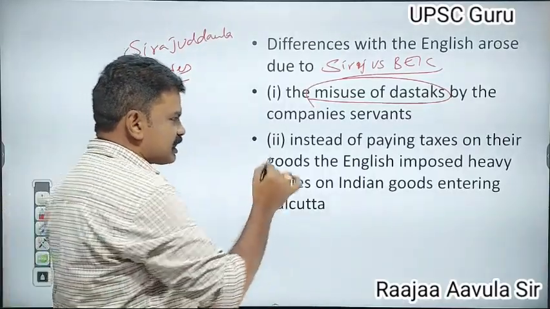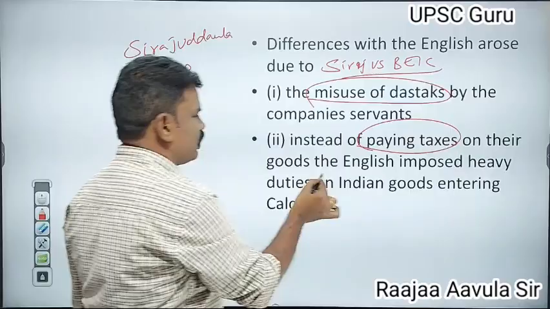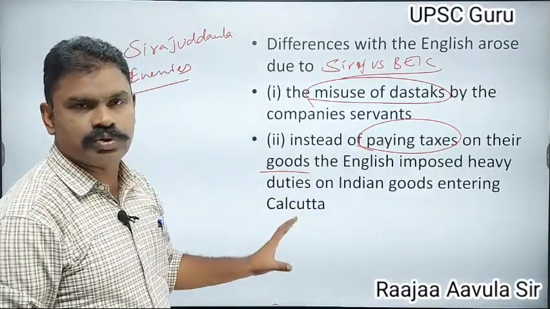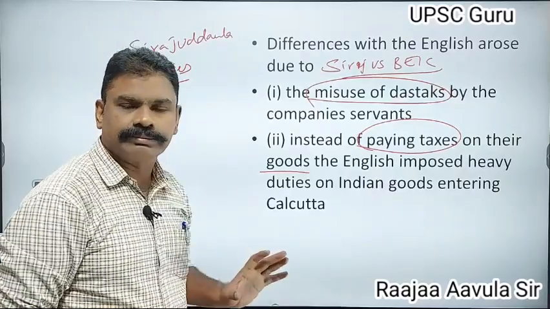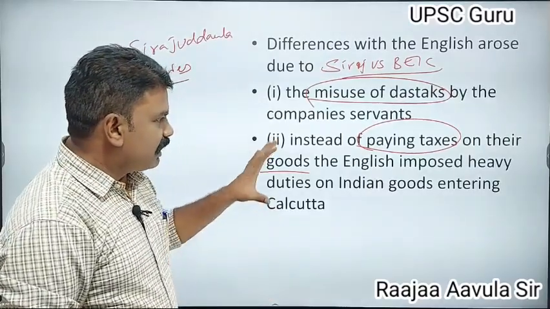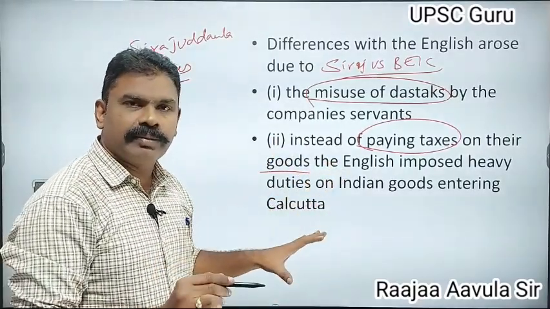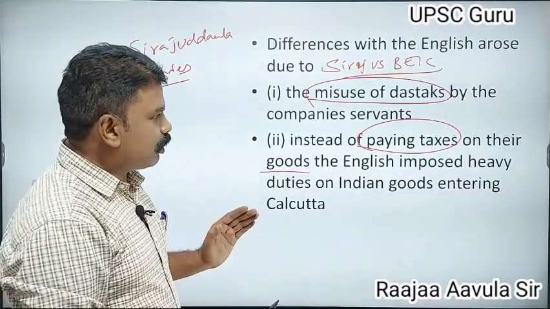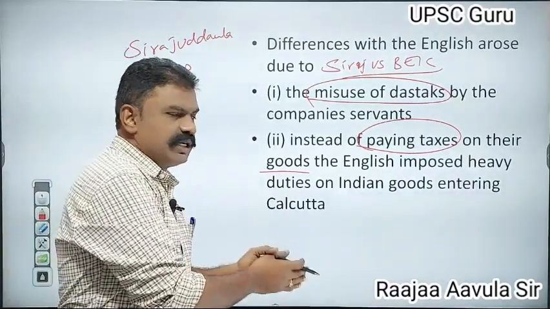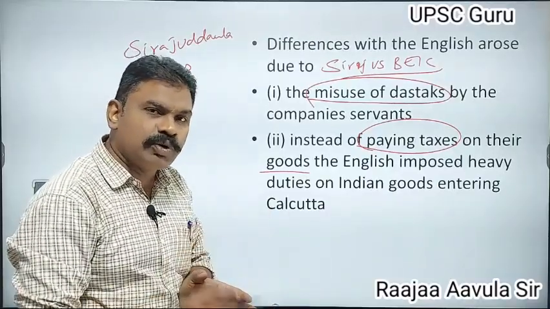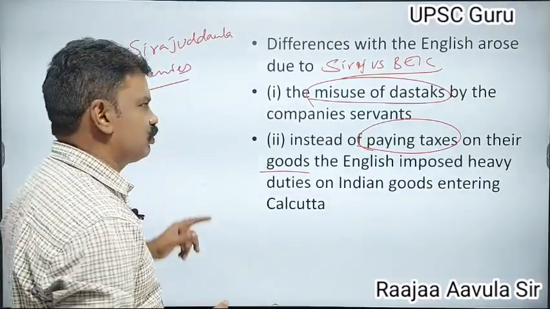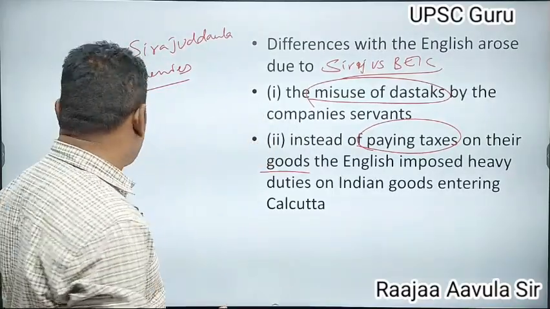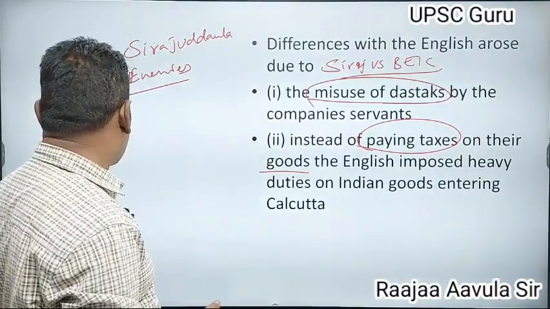Instead of paying the duty on their goods, the English imposed heavy duties on Indian goods entering Calcutta. Duties were very low on English goods, but very high on Indian goods.